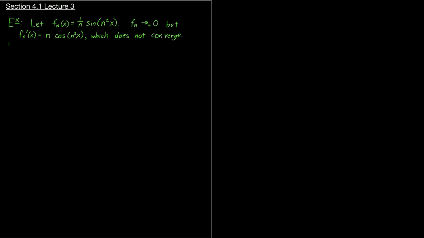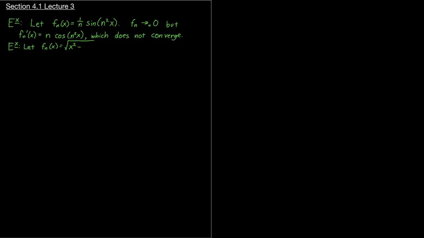And second example, let's let f_n of x be the square root of x squared plus 1 over n squared. Nifty trick, the absolute value of x is the square root of x squared. Sometimes this makes it easier to do computations involving absolute values.